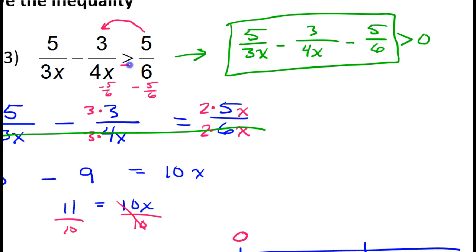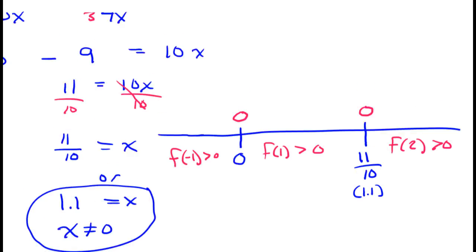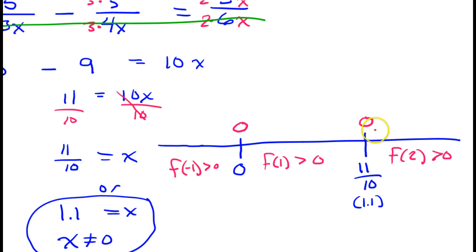If it's or equal to, then it will be a closed circle. But since it's just greater than, then it will be an open circle. So I'll have an open circle right here to show that right at this point, this is where it would be equal to 1.1. But we need it to be greater than. So we'll leave it an open circle. So now let's test the values in between.